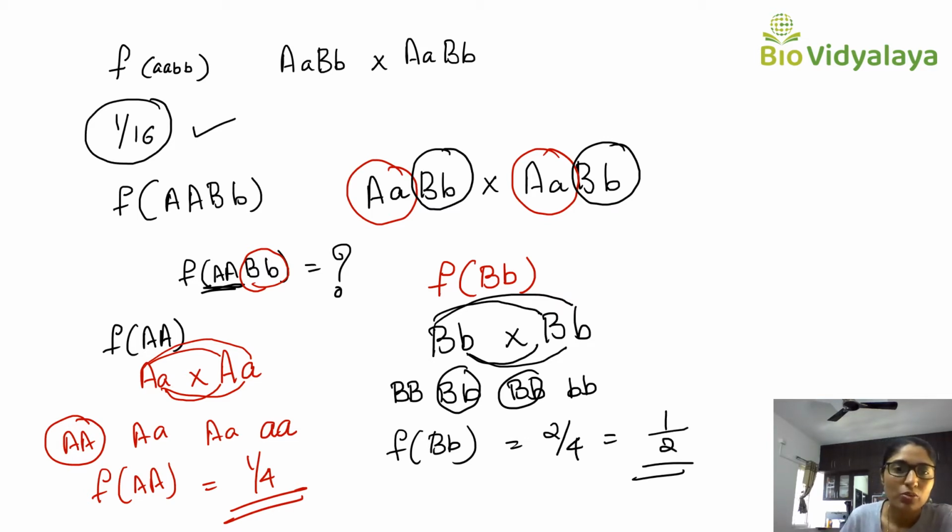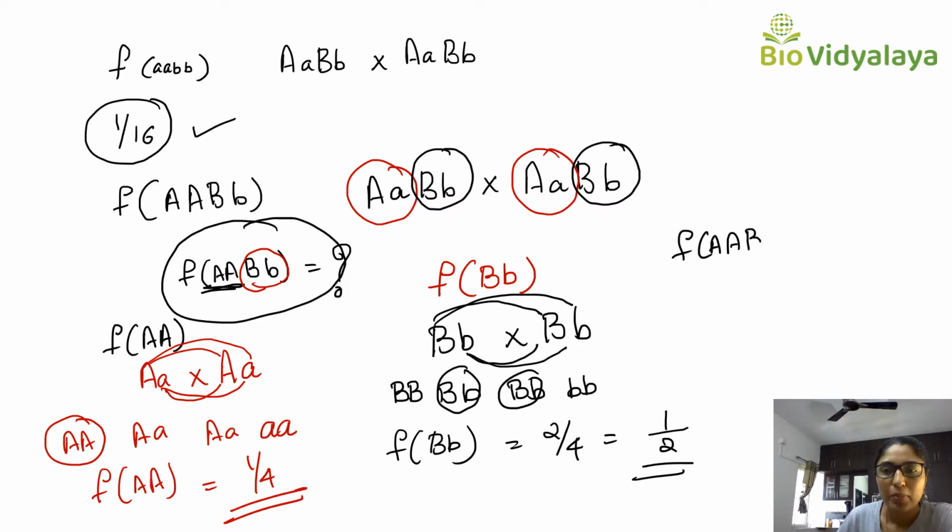So here we have to find the frequency of getting the genotype capital A, capital A, capital B, small b. We have to multiply the frequency of capital A, capital A with the frequency of capital B, small b.